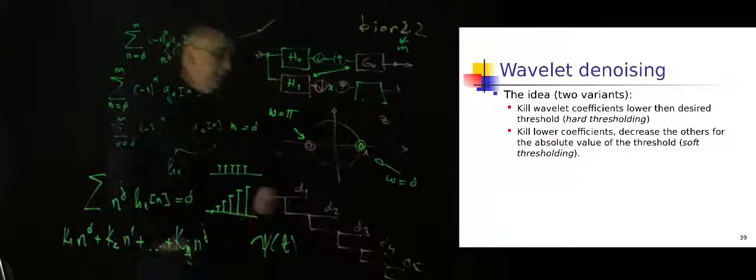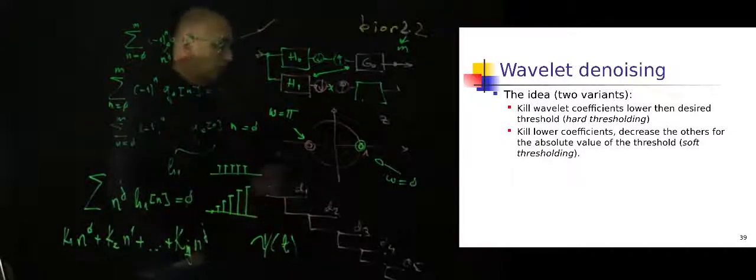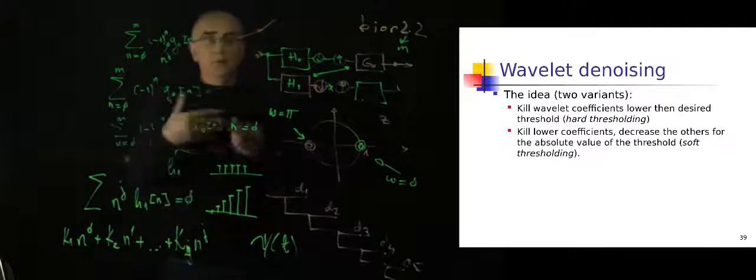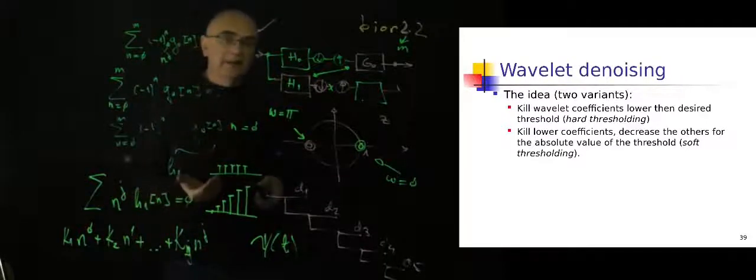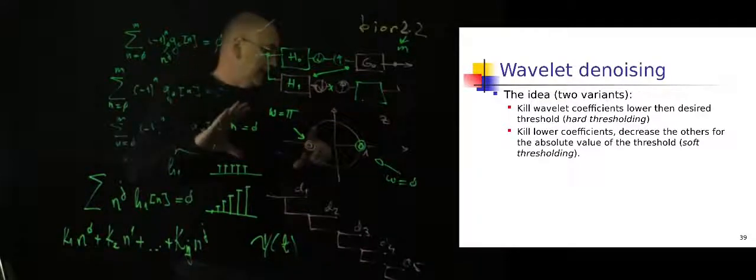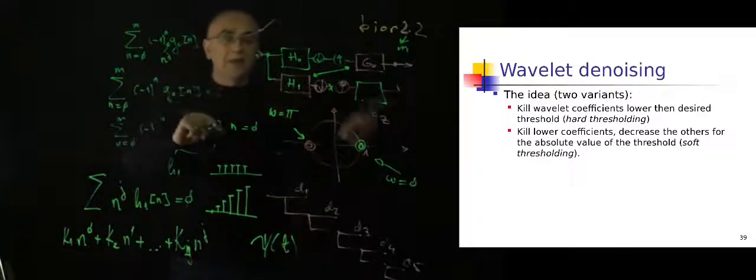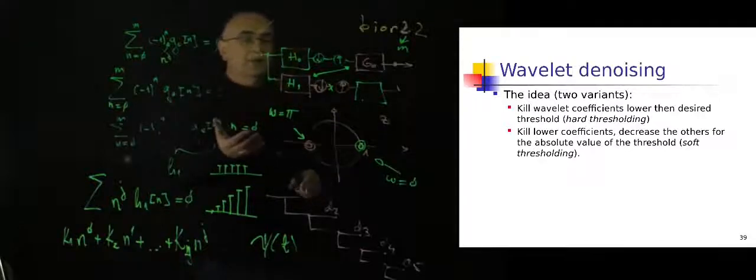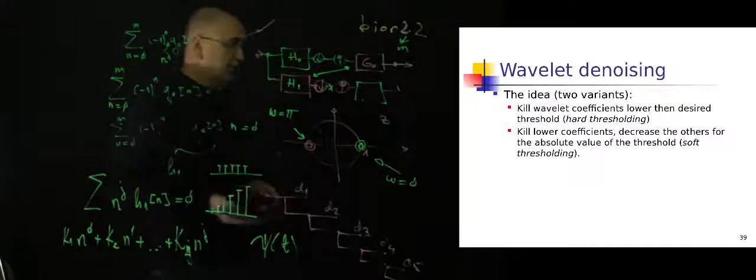If we kill the coefficients lower than some threshold, it's called hard thresholding. If we kill them and then decrease the others by the absolute value of that threshold, in that case we call it soft thresholding.